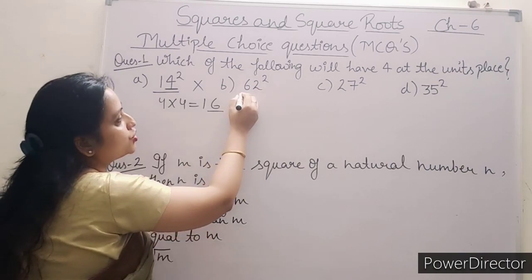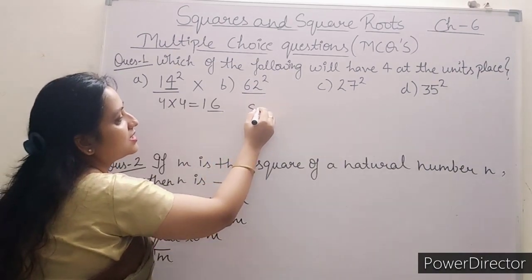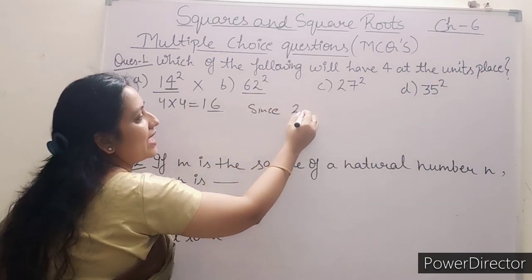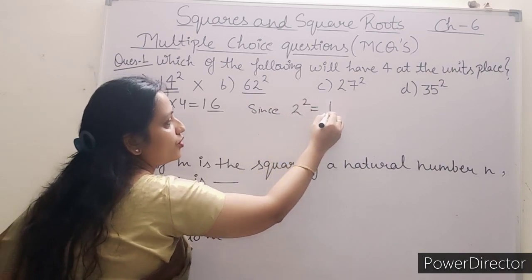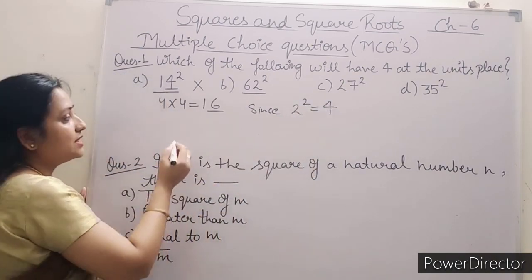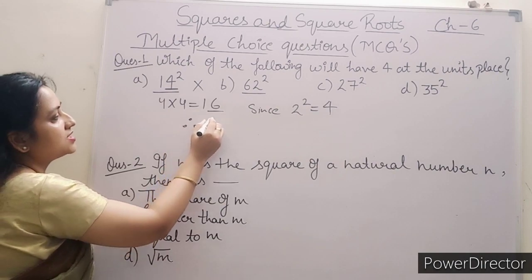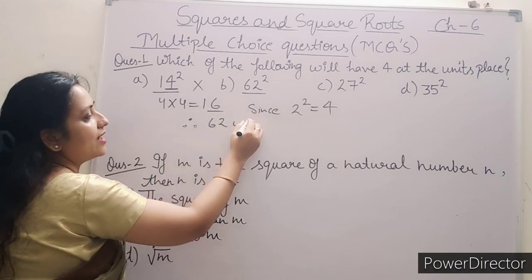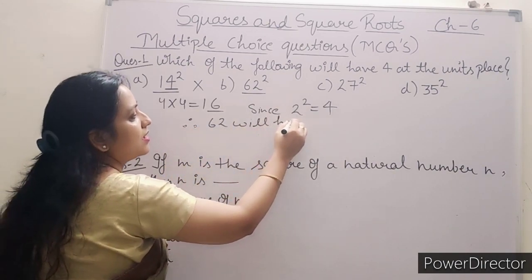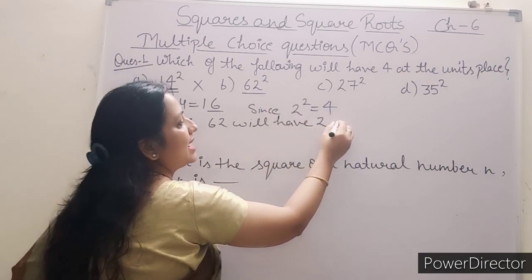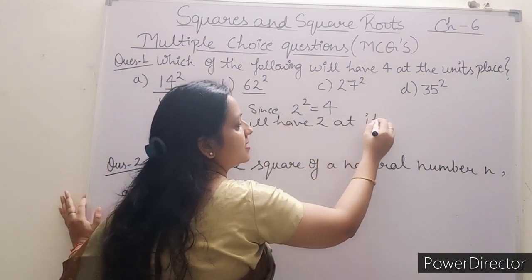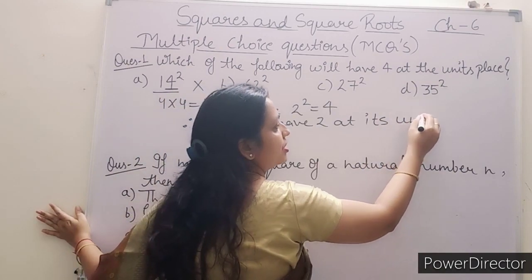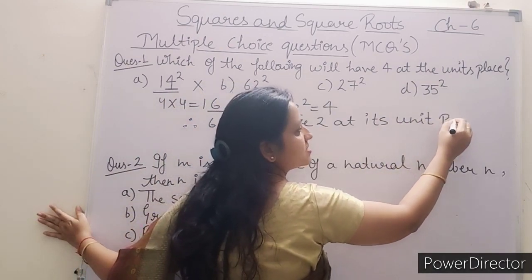Here 62 square. Since 2 square is equal to 4, therefore 62 will have 2 at its unit place.